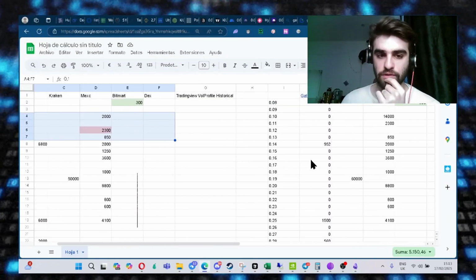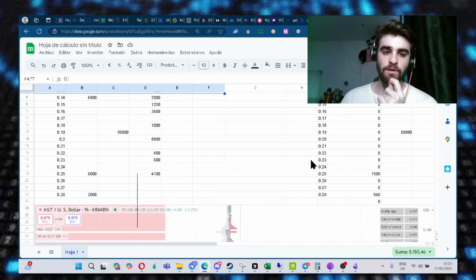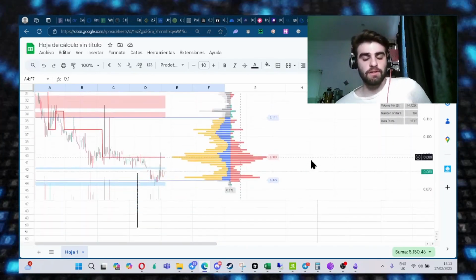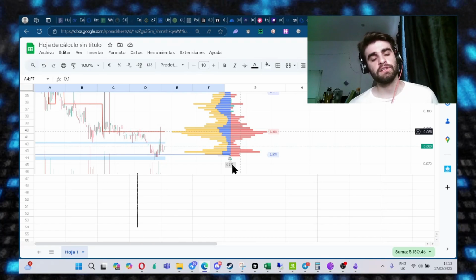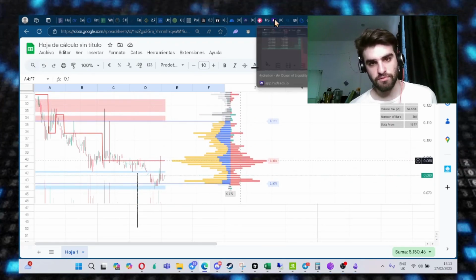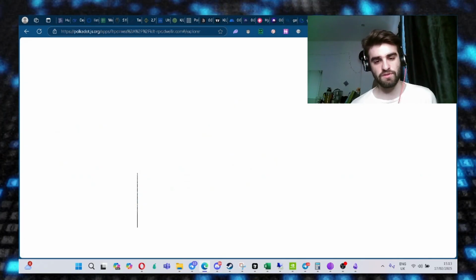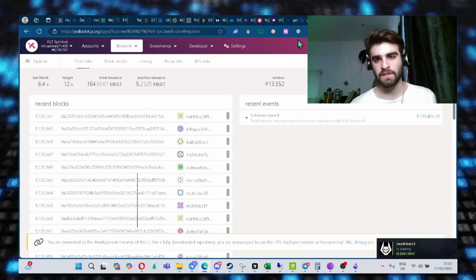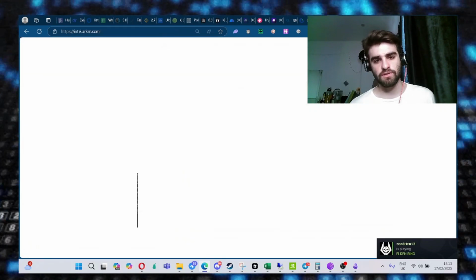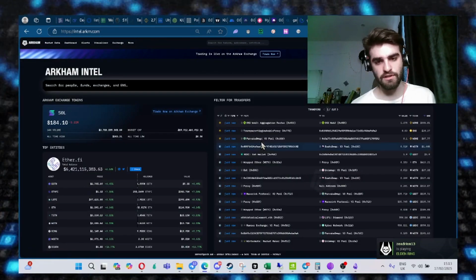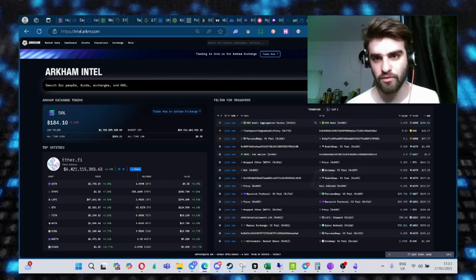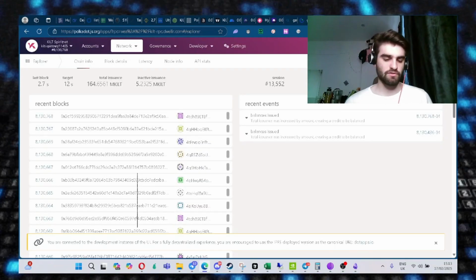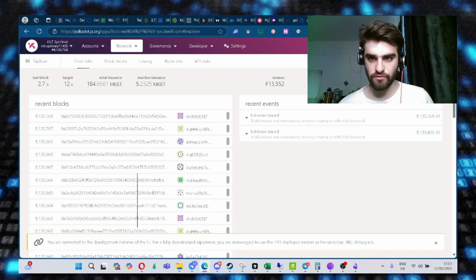If you want to learn, for example, some valuable information could be calculating the unrealized profits on Polkadot. I don't know how to do it because the block explorer is just too complicated. It might take too much time even, but with Arkham you can easily check at what prices holders bought, or even in Solana I got plenty of tools to do that.